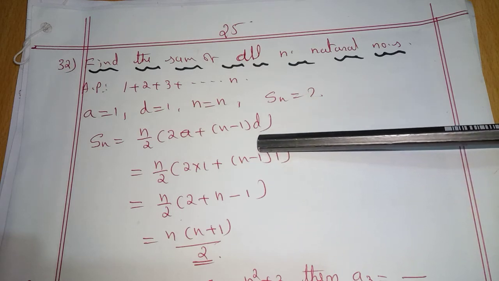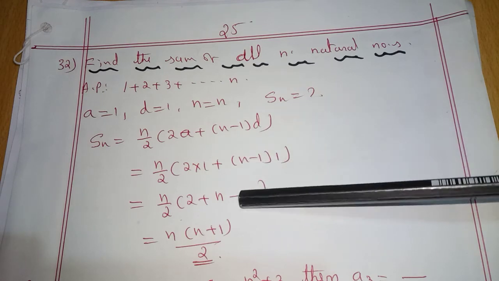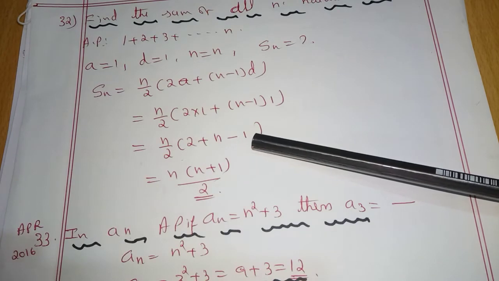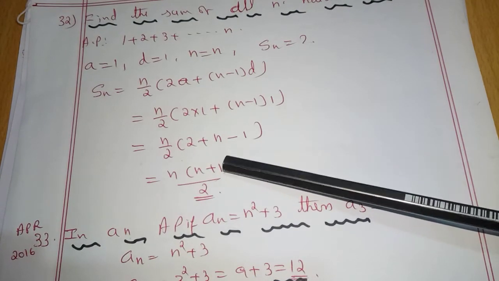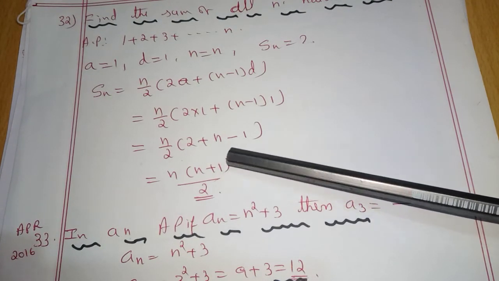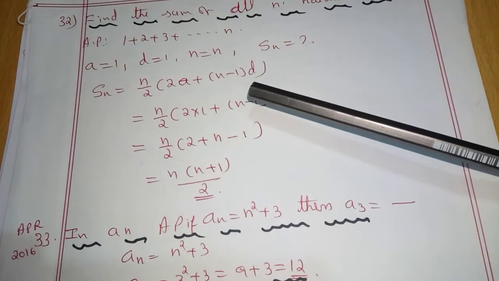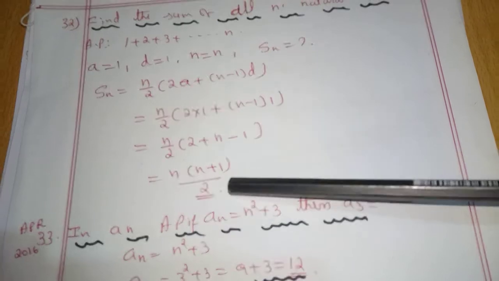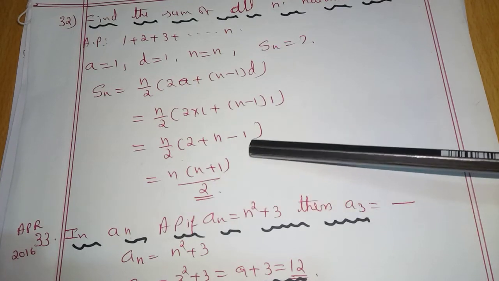When we multiply by 1, we will get the same, n minus 1. So 2 plus n minus 1. 2 minus 1 is 1. Therefore, inside the bracket only n plus 1. Outside the bracket n by 2, that we will write as n into n plus 1 divided by 2.